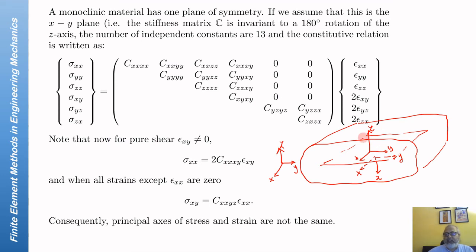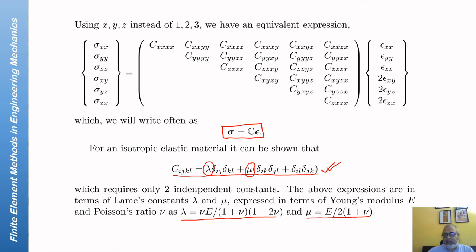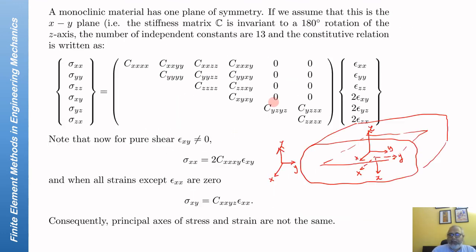The properties are the same for these two orientations, which means that if I take the general 6 cross 6 stiffness matrix and rotate it, remember it's a fourth order tensor, through a rotation where the z-axis is flipped by 180 degrees.